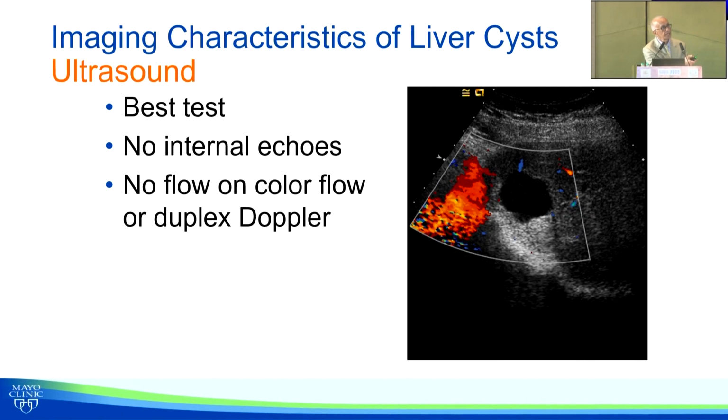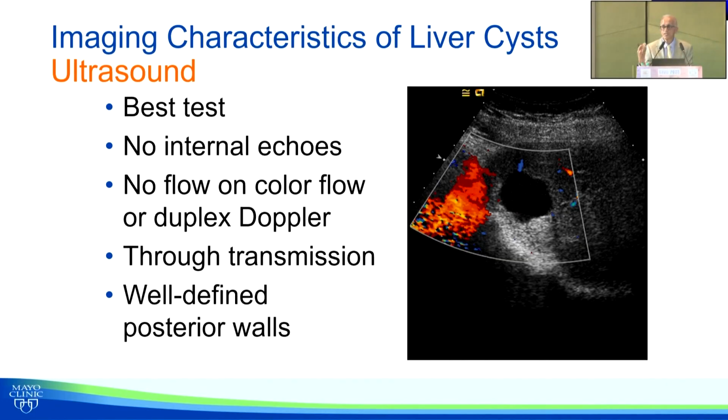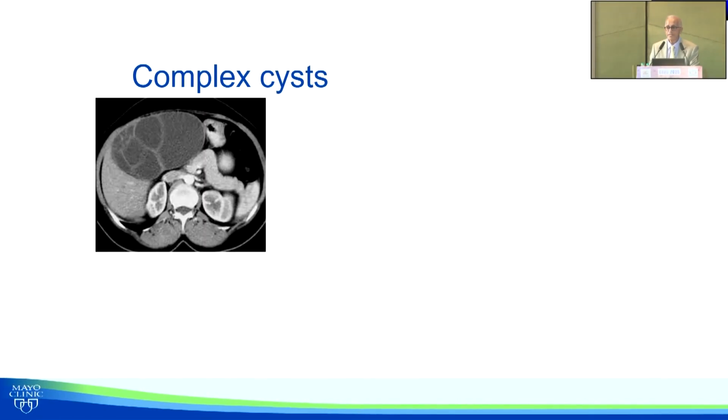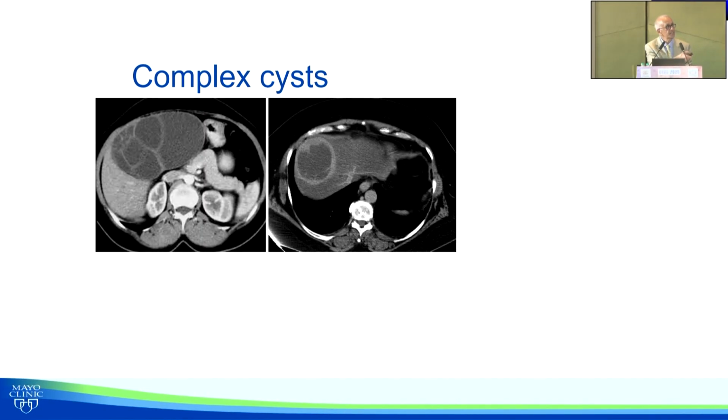And you can see here, no internal echoes, no Doppler, which will tell you this is fluid, it's not solid. So if you're worried about a cyst, get a Doppler also at that time. And usually no septa.